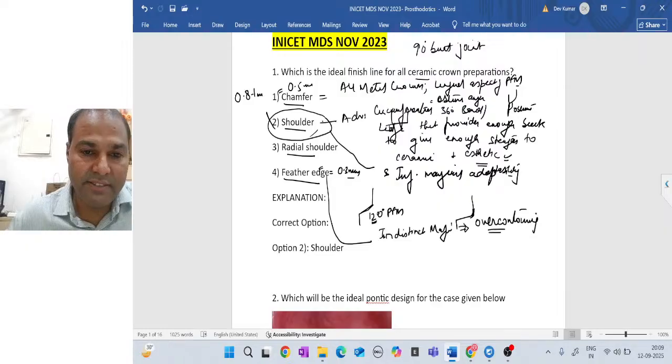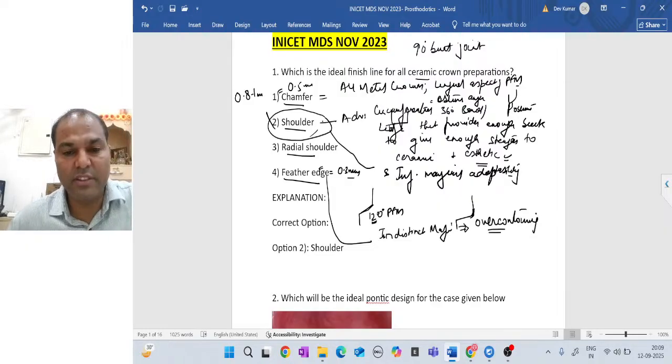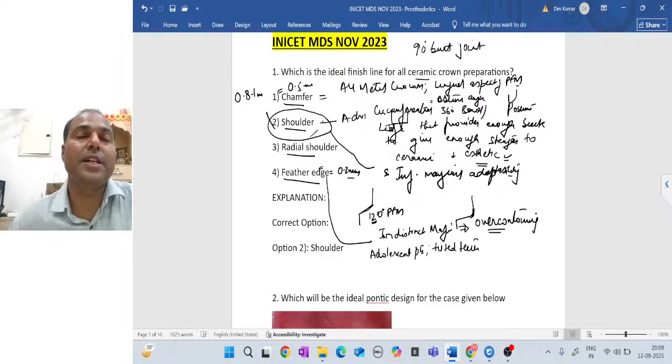The feather edge is given in cases of adolescent patients, where pulp chambers are high, in cases of tilted teeth on the side of the tilt, so that we prepare less, where an ideal chamfer cannot be given.